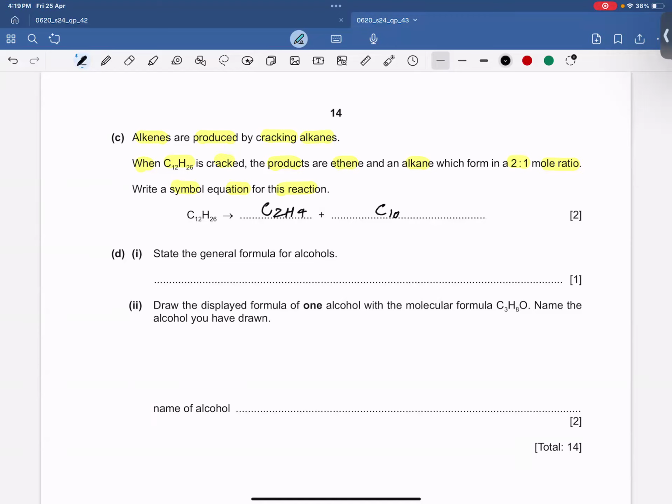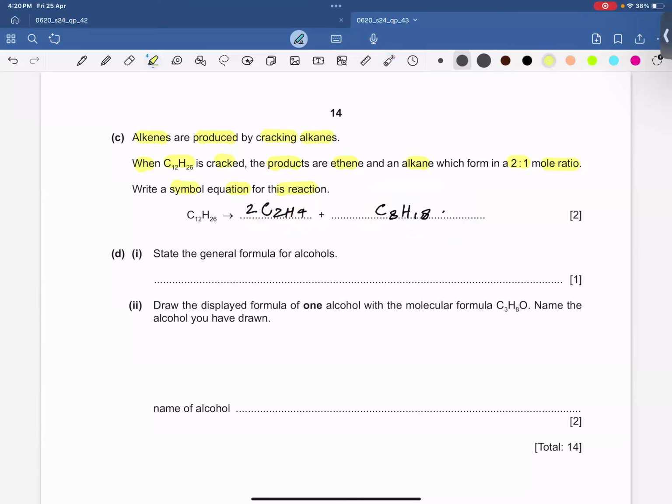Okay, 2 more, so I need 2 more here. 2 times 4, 8. This is basically 8 carbon atoms left, because the examiner is looking for a 2:1 ratio. So this is 2 mole, this is 1 mole. How many hydrogen atoms here? 2 times 4, 8. 26 minus 8 becomes 18. So C8H18 actually. So this is your octane, this is your ethene. Both exist in a 2:1 ratio.